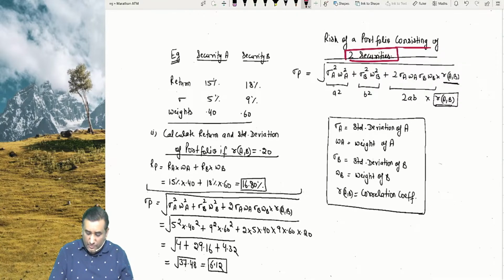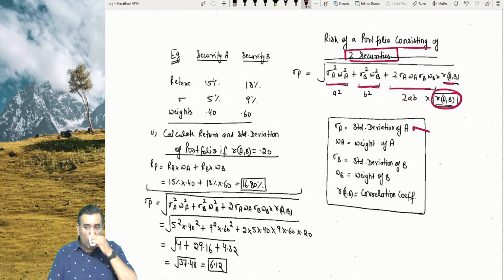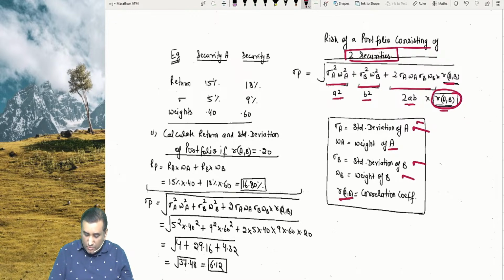Risk of portfolio would be σA square weight A square, σB square weight B square, 2 σA σB weight A weight B RAB. σA stands for standard deviation of A. This correlation coefficient is important. The higher the correlation, the higher the risk. The lower the correlation, the lower the risk. The weight of A, you can remember it by A square, B square, and 2AB into RAB. Standard deviation of B, weight of B, and correlation coefficient.